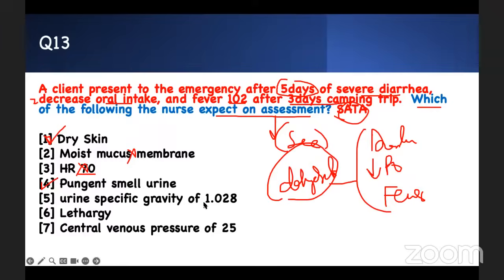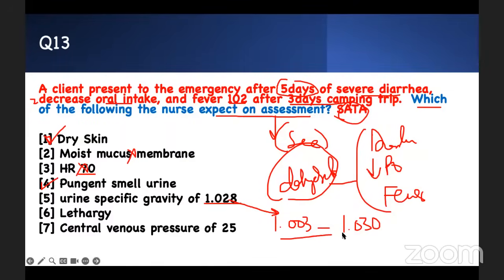Urine specific gravity of that. I want you guys to think. This is your normal urine specific gravity. Is this within this range? This is 1.028.